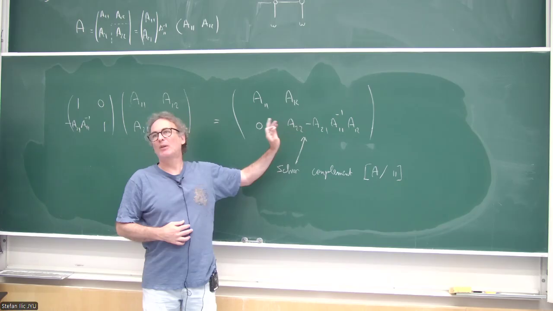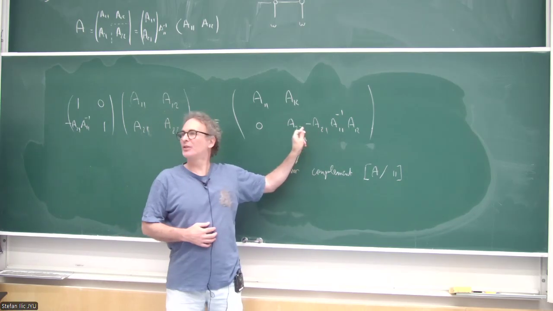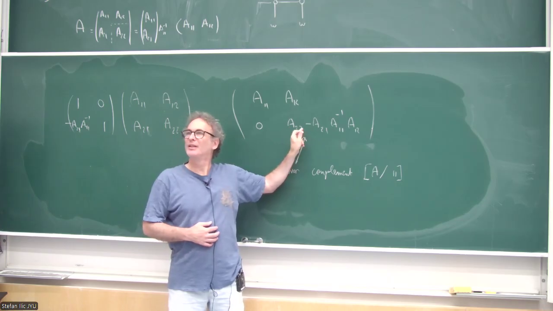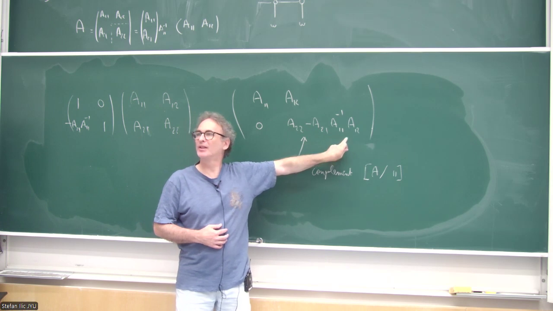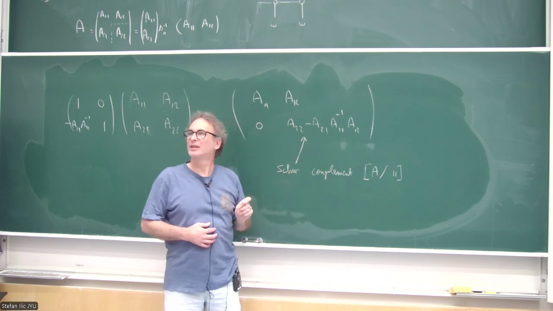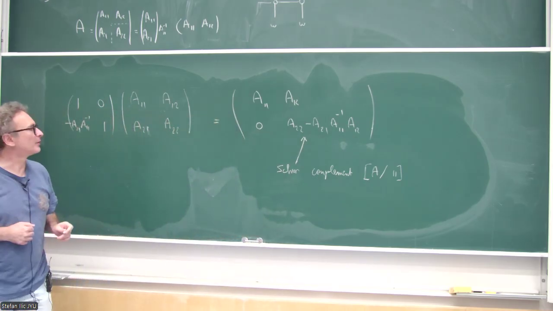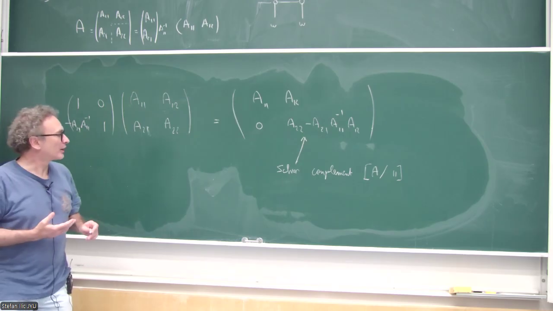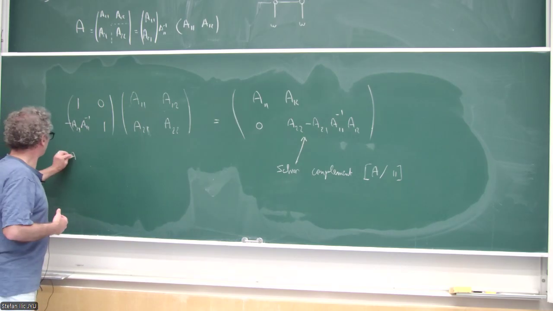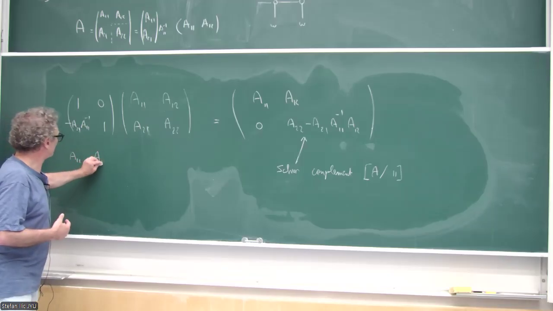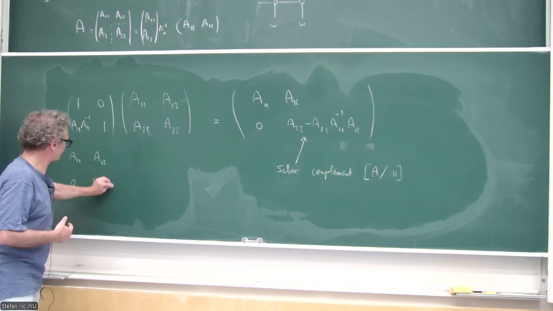I won't make the connection because I can't do everything, but if you look, does it look like something you get with a Dyson equation, where you get some coupling, a Green function, so the inverse of the Hamiltonian, and then another coupling? You can reformulate the Dyson equation with this. Okay, so I have A11, A12, 0, and then the Schur complement.